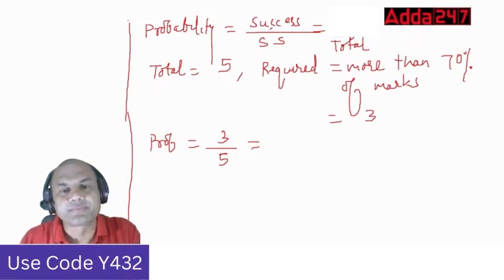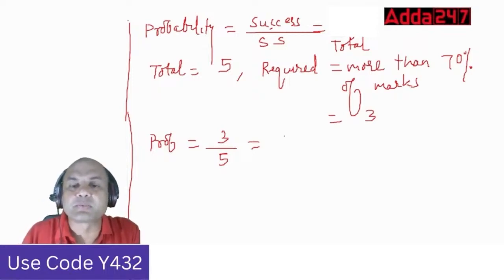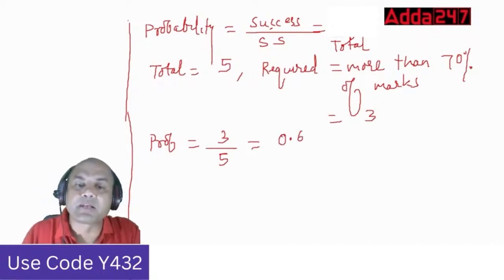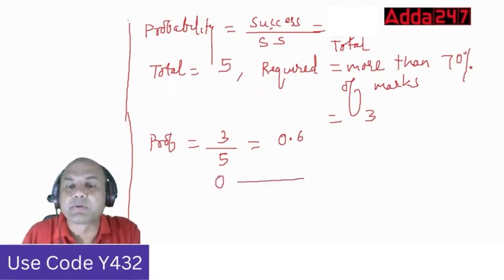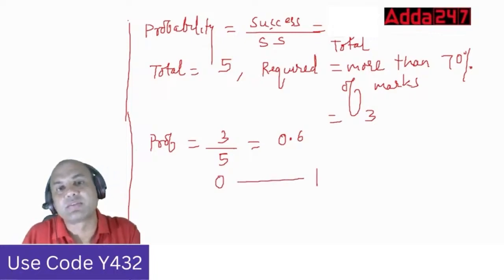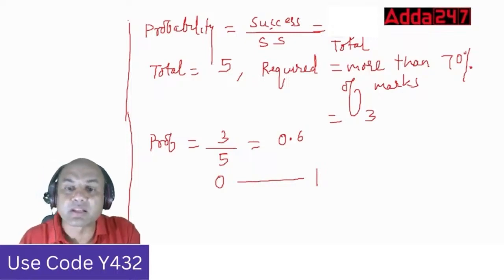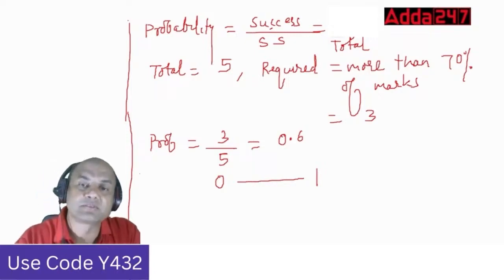So 3 upon 5 is 0.6. So this is my probability. Always remember, your probability can never be less than 0 and can never be greater than 1. It will be between 0 and 1 only. It can be 0 also, it can be 1 also, but it can't be greater than 1 or less than 0.